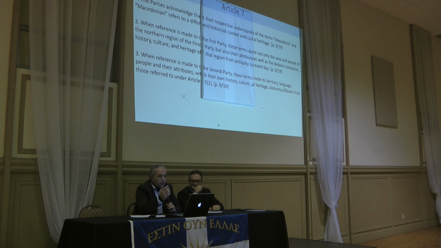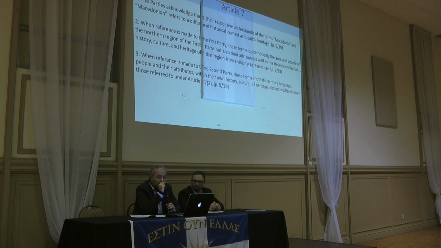This is the first problem. The second problem is rather difficult to observe. You see the second line of the third paragraph, it's written with their own history. Okay. So for Greece, they mention Hellenic civilization, history, culture, and heritage, etc. Blah, blah, blah.